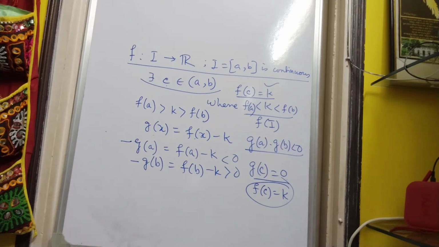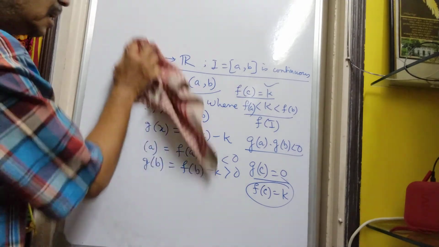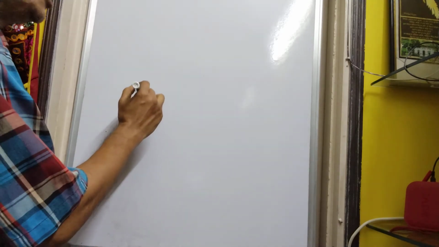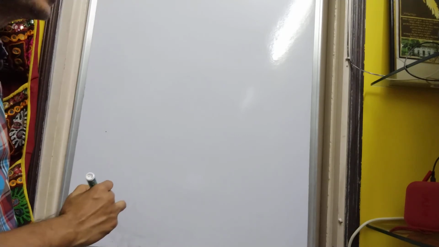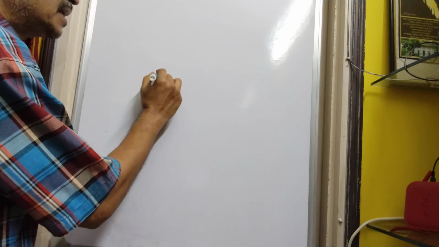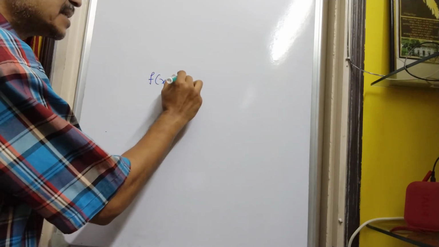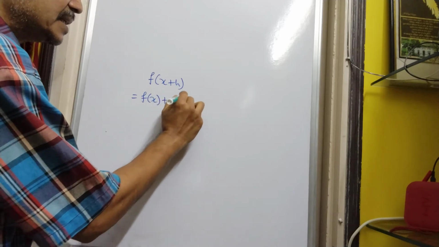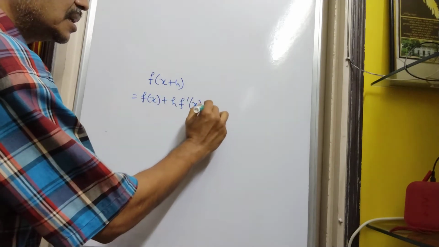It actually establishes the smoothness of f. f being continuous, it is smooth and it attains its bounds, every value in between f(a) and f(b), and that helps us to expand f(x) as a Taylor series expansion.